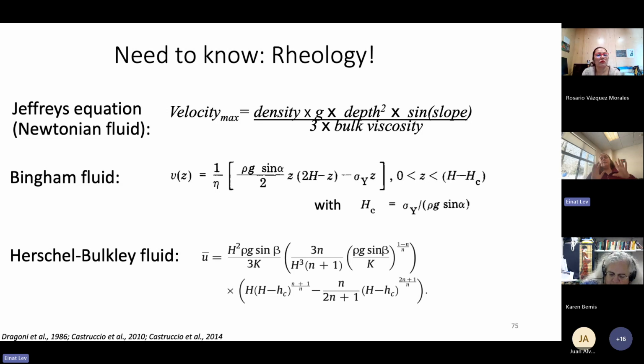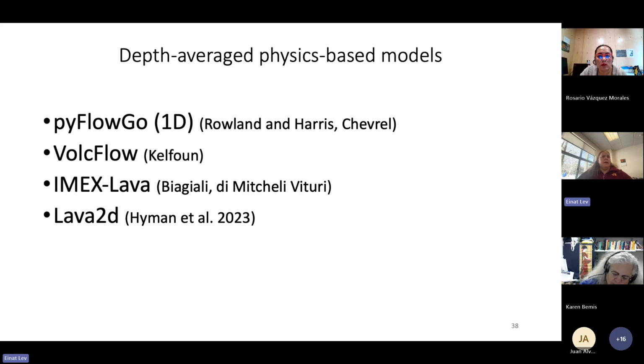Lavas have often been modeled as Herschel-Bulkley fluids because of particles or crystals and bubbles in them. There are different depth-averaged models that solve for flow velocity and temperature evolution as well, because temperature is an important control over lava viscosity.